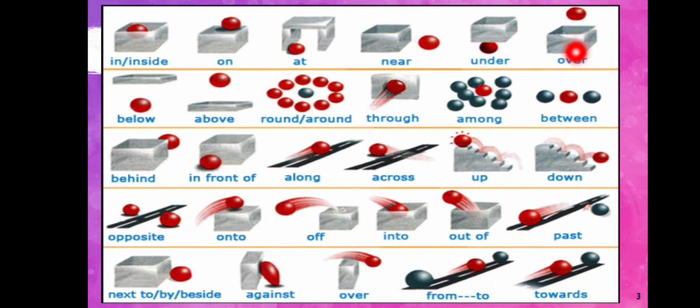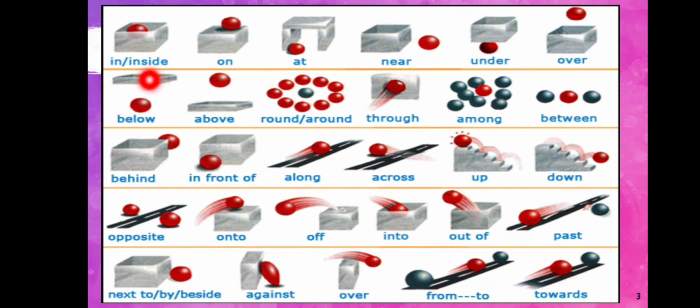You can see the distance, right? The distance of the ball and the box here, and here also you can see where the ball is kept and where the box is kept. So here you can use the word over for the shorter distance, and for longer distances we can use above.